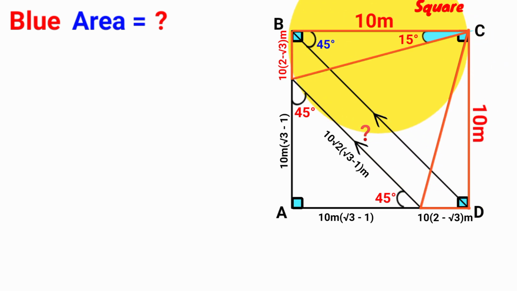On this triangle, both are right angle triangles. This side and this side are equal in length, and similarly this side has its length to be 10 open bracket 2 minus root 3 meters, and this side also has the same length.